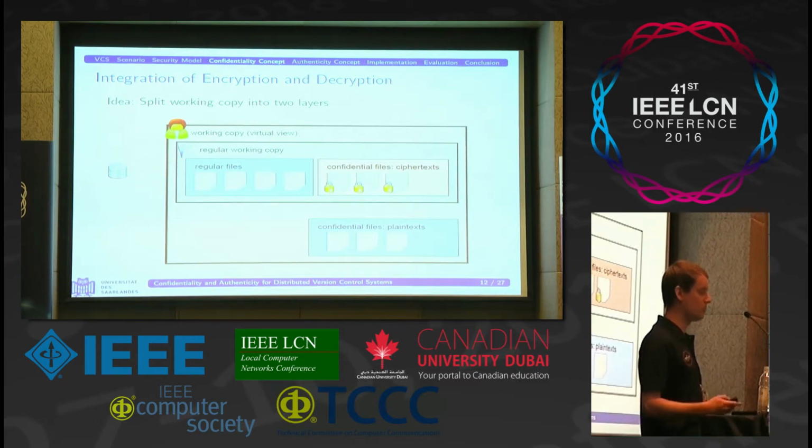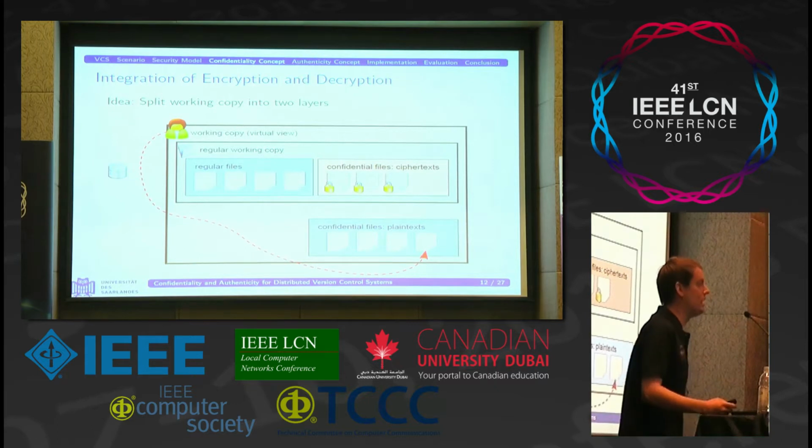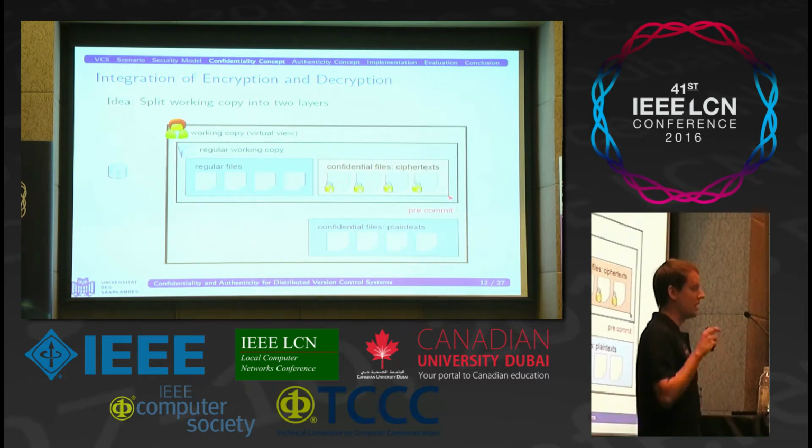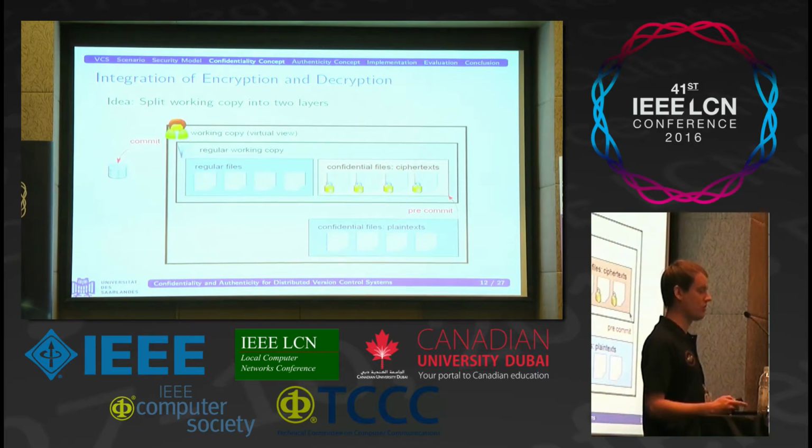So she can perform modifications, she can even create new confidential files, and as soon as she wants to commit her changes to the repository again, the decrypted representations are encrypted again, so the encrypted representations are updated, and then only the contents of the regular working copy are committed to the repository.